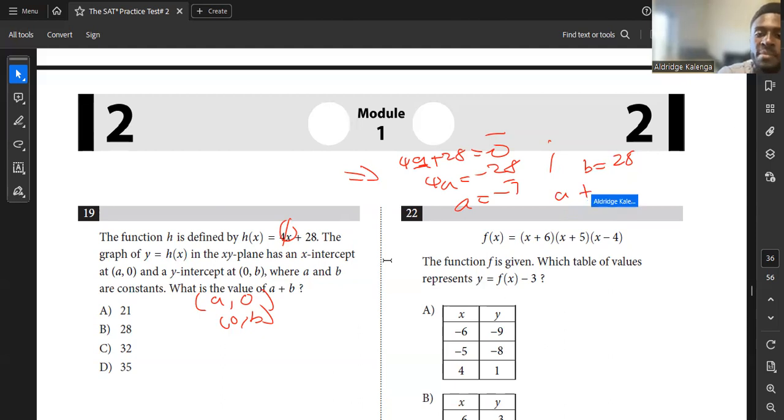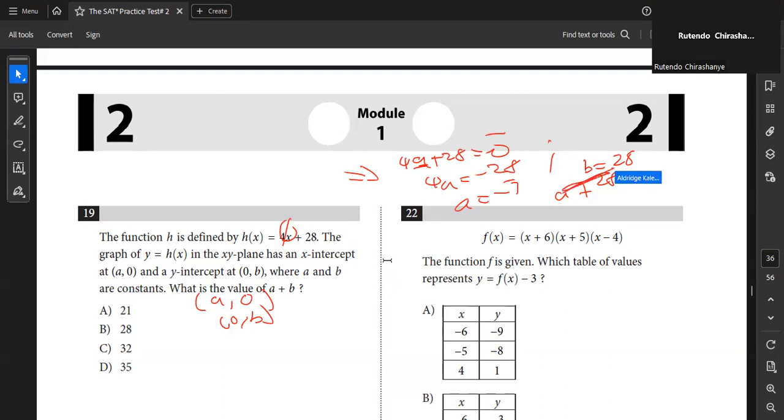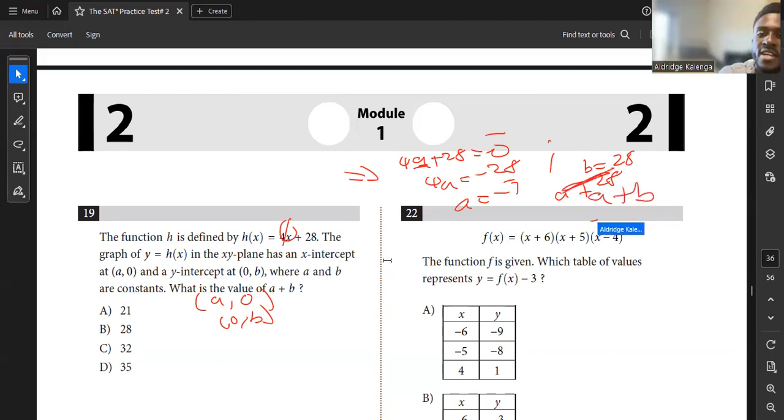And then you add a plus b, which is negative 7 plus 28, which is the same as 28 minus 7, which is 21. So your answer is A. All right, let's go. Question 20.